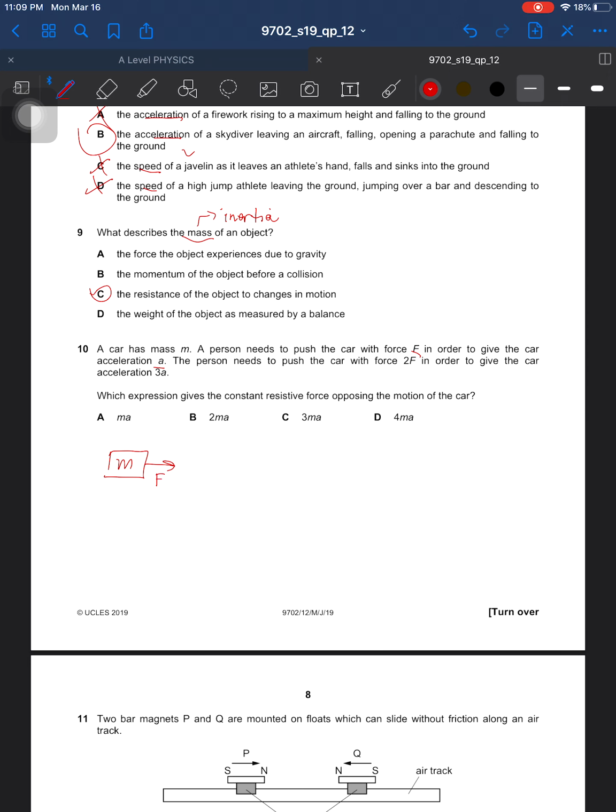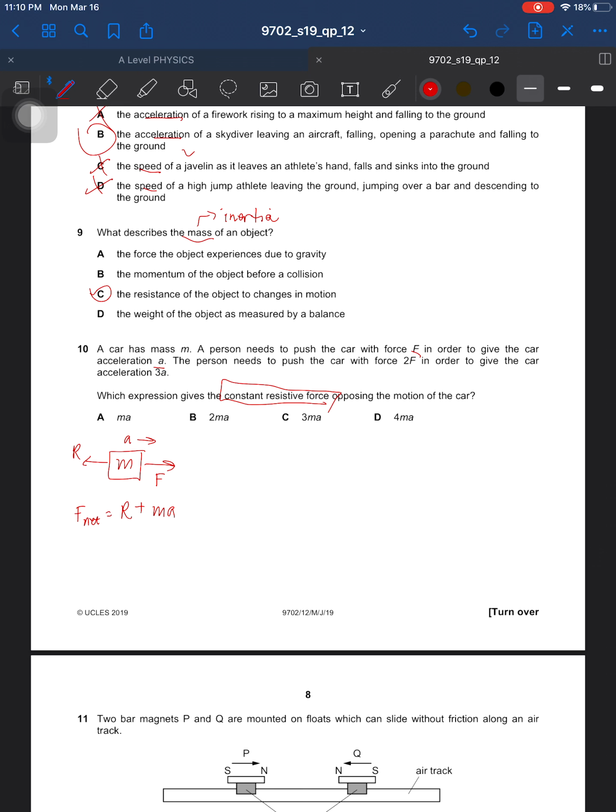Of course you have a resistive force, which we're looking into, so R. So our first equation would be F net is R plus MA.